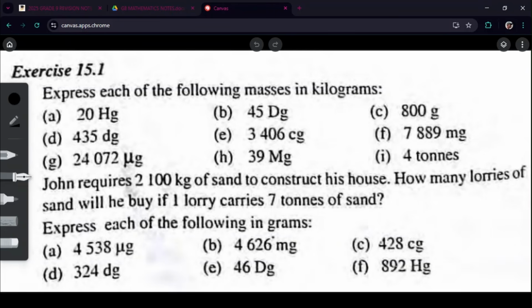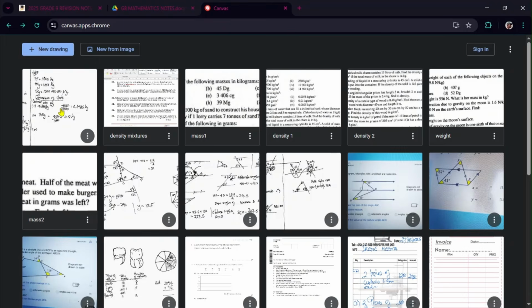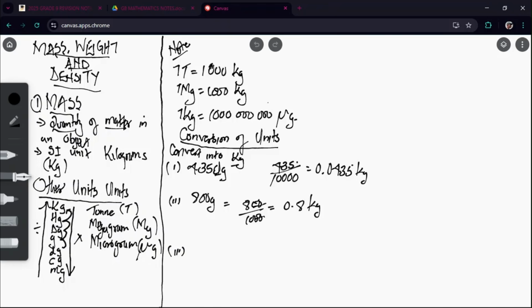I want to convert 892 hectograms into grams. 892 hectograms into grams.